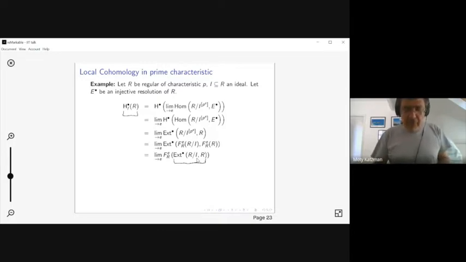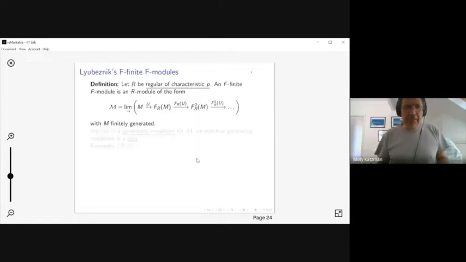So let's introduce now the concept of finite F-modules. We're going to be working now over a regular ring of characteristic p, which I'm still going to call R. And I'm going to define for you what a finite F-module is. It's going to be an R-module, which I'm going to call curly M, which is given by a direct limit. And what is that direct limit?